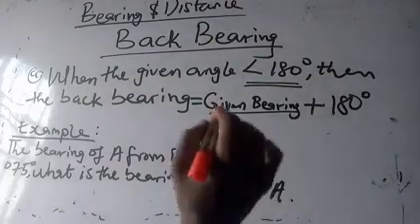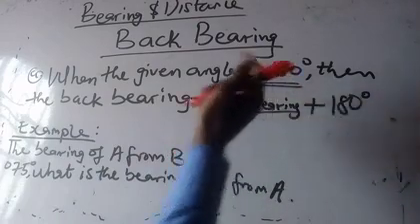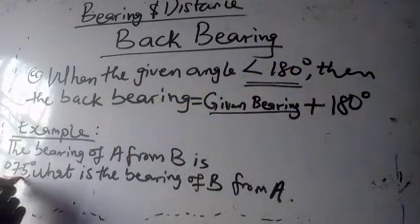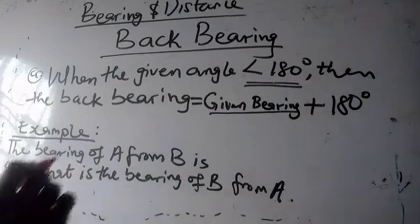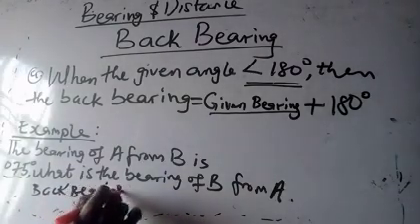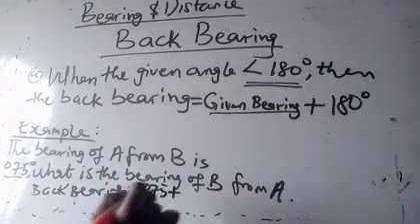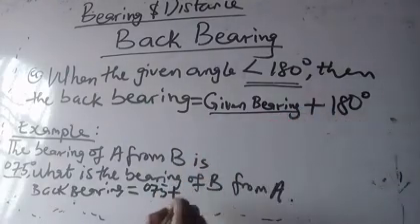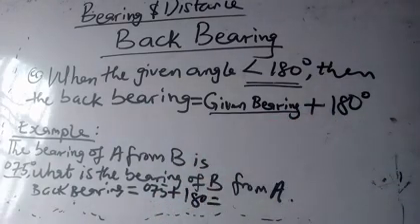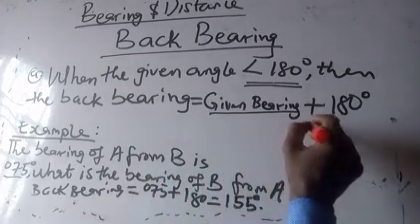To solve it easily, since the bearing given is less than 180, 75 is less than 180, so the back bearing is equal to the given bearing 75 plus 180 degrees, and that would be 155 degrees. Let me explain it using a diagram.